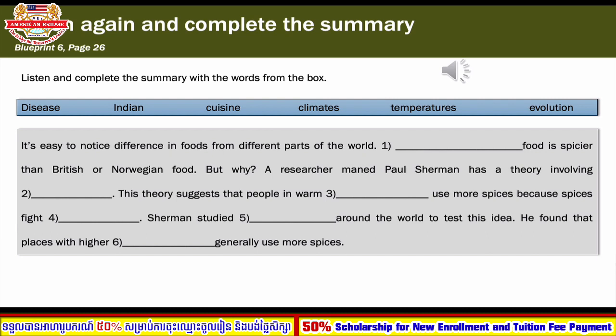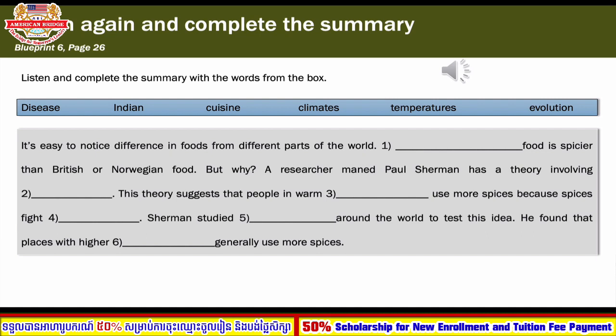At the same time, people in cold climates weren't having as many problems with harmful germs in meat because cold temperatures naturally killed germs. Therefore, they developed milder cuisines. Sherman wanted to test his theory, so he studied thousands of recipes from around the world. And in fact, he found that the number of spices increased as the local temperature increased.